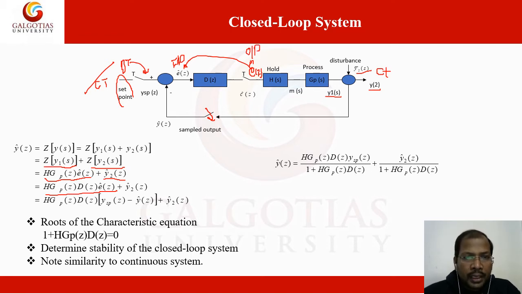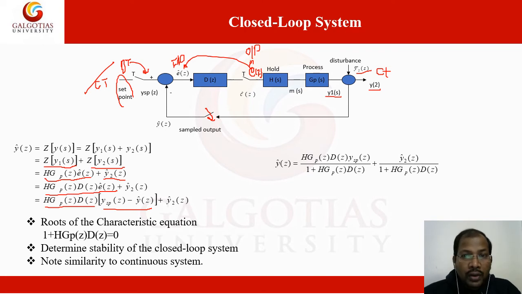Then we can take a common factor, where E cap(Z) is written as YSP(Z) minus Y cap(Z). So HP(Z) into D(Z), whole multiplied by YSP(Z) minus Y cap(Z), plus Y2(Z).